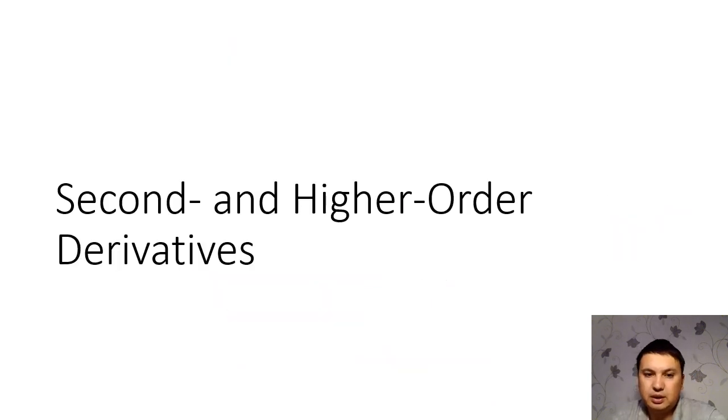Now let's discuss second and higher order derivatives. What does it mean to take the second order derivative? It simply means to take the derivative twice, right? You take the derivative of a function and then take it one more time. The third order derivative means take the derivative 3 times. In particular, the nth order derivative means you take the derivative of the function n many times.